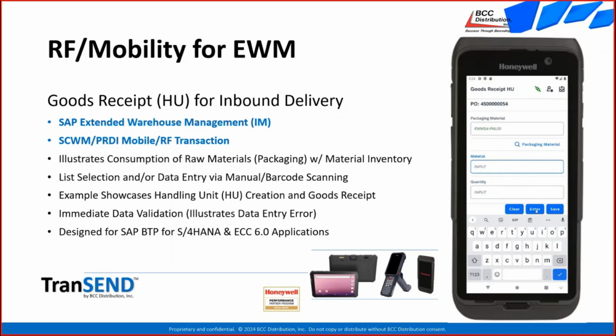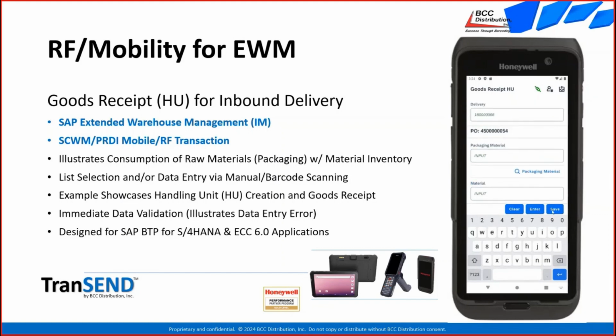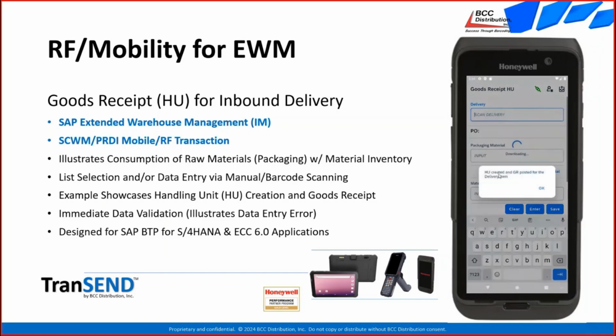Then we're going to select or enter the material. In this case, we've got multiple materials that are tied to this delivery. So we select that material, and then we select the quantity that we're receiving. In this case, I think we're going to receive 1. If we want to receive all of them, we could do that as well. And then we save that information once the receipt is complete. And then our handling unit is created. Our goods receipt is posted for this specific delivery item.